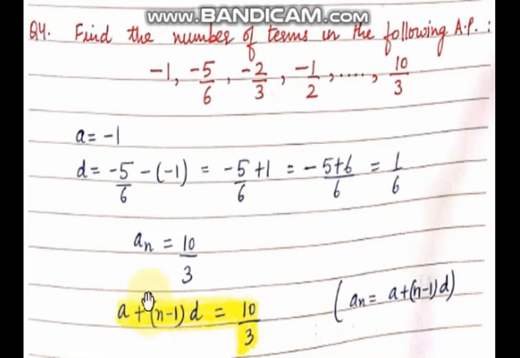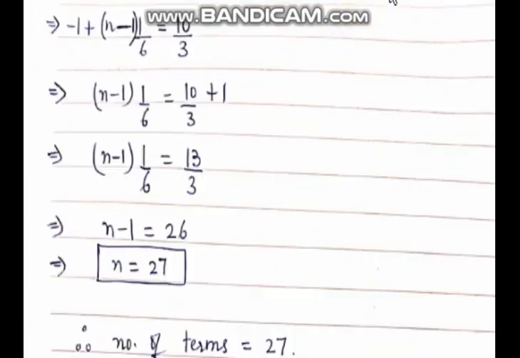Obviously this is a better way. Substituting the values of a and d, because our target is to find n here. As we know, a is minus 1 and d is 1 upon 6. Substituting the values and getting the value of n, which is 27. So the number of terms comes out to be 27.